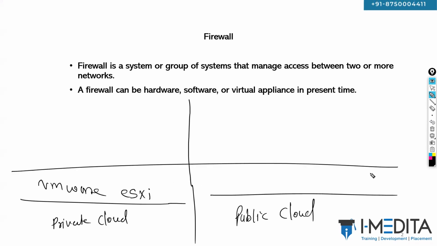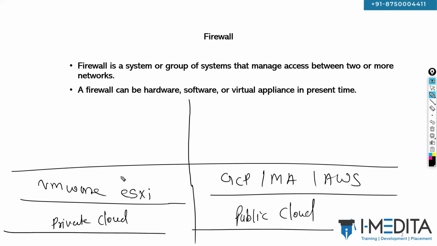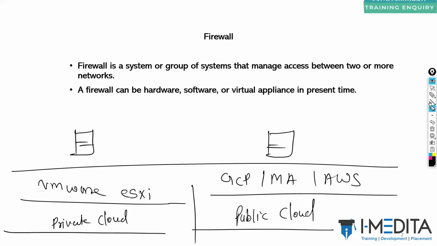Public cloud means Google Cloud Platform, Microsoft Azure, Amazon Web Services. On these private and public clouds, we can deploy virtual servers. And to protect these virtual servers, we will use a virtual firewall. Done.